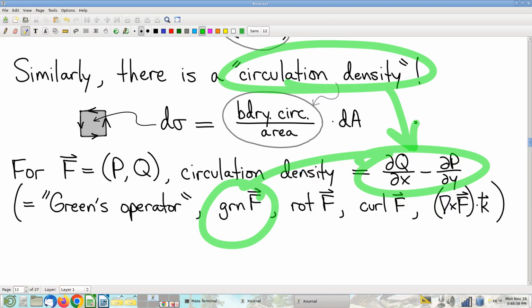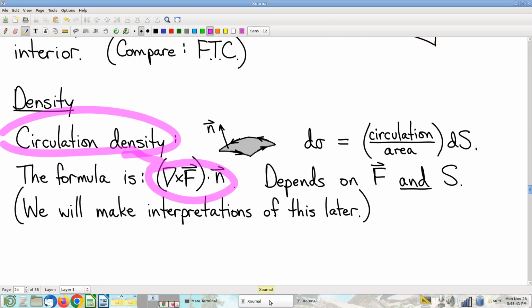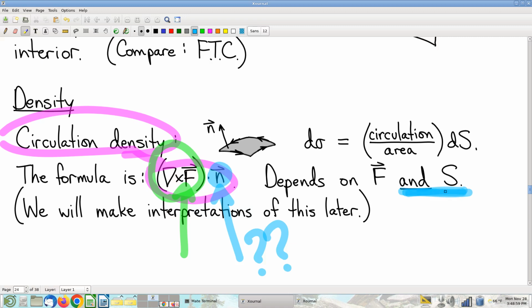So what's weird here is that with Stokes', we're in the process of developing something called Stokes' theorem. But this circulation density, you'll notice, depends on the vector field. This part here depends on F. But notice there's also a part here that mysteriously depends on the surface. And that's a head scratcher.